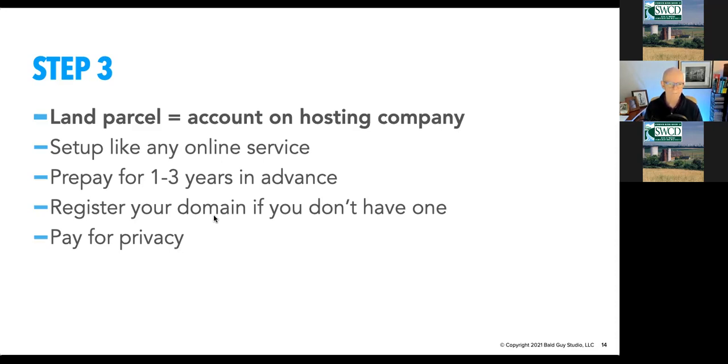I literally this week had a client get in touch with me and show me a document that he had just gotten from one of the scammers out there that wanted to transfer his domain from where it is registered over to this other party. Domains register for around $18 a year. This guy wanted, I think it was $187 a year. And it's a pure scam, but paying for privacy keeps that information from falling into the wrong hands.